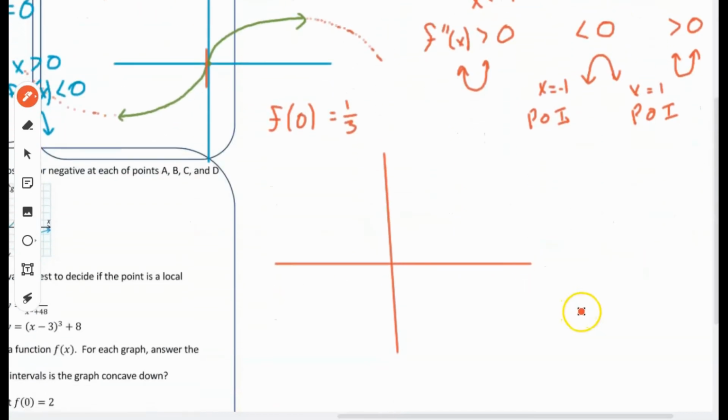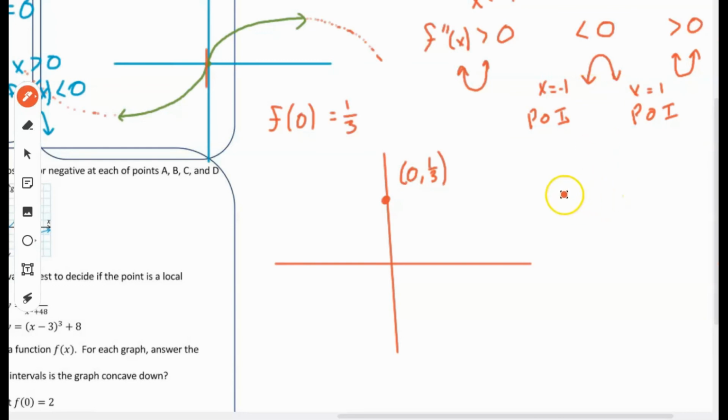So that means at 0 and 1/3, let's just put that there, we have either a maximum or a minimum. So that's a critical point. We can actually tell exactly what it is without doing the first derivative test, because at 0, right, we have this concave down shape. So that's going to be a maximum.